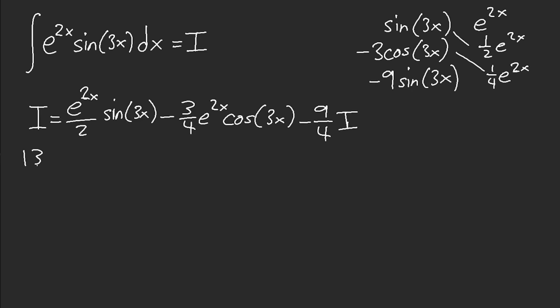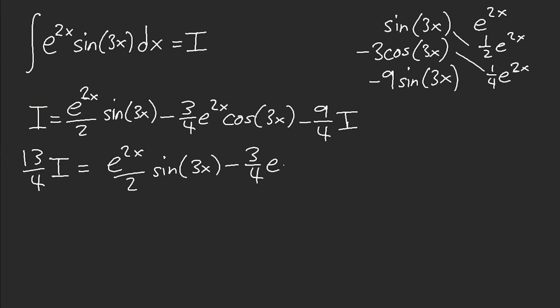So we get 13/4 of I equal to e to the 2x over 2 sine of 3x minus 3/4 e to the 2x cosine of 3x. And then this is almost your answer, except that we want I, not 13/4 of I. So how do we find I?